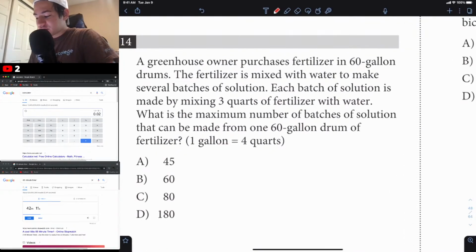A greenhouse owner purchases fertilizer in 60-gallon drums. The fertilizer is mixed with water to make several batches of solution. Each batch of solution is made by mixing 3 quarts of fertilizer with water. What is the maximum number of batches of solution that can be made from one 60-gallon drum of fertilizer?